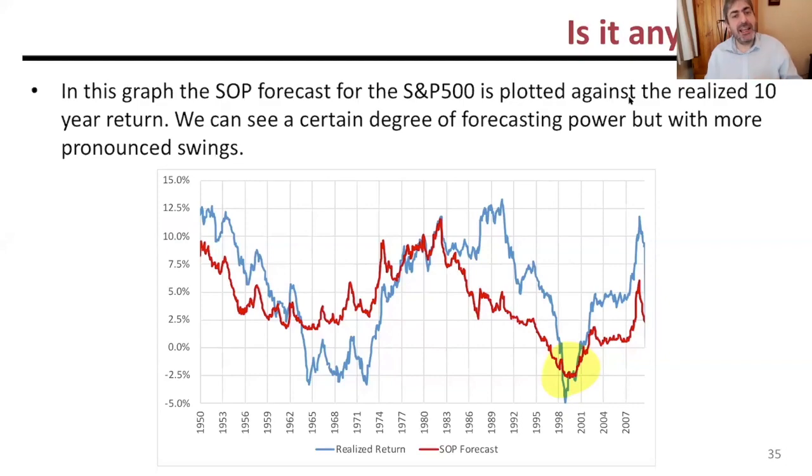By the way, CAPE is famous because before the burst of the dot-com bubble, Schiller published a book called Irrational Exuberance, where he used the CAPE to forecast the burst of the tech bubble. Okay, so it famously works well in that period. Doesn't mean that it will keep working well in the future. But one advantage of sum of part is that it's the only methodology that can actually give you a negative expected return for a stock market.